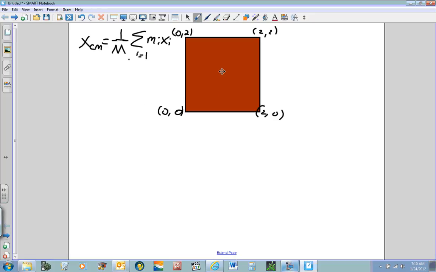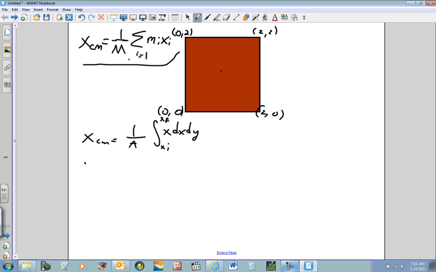We already know that right in the center is where the center of mass is going to be, but we're going to prove that with some calculus. This equation is for particles. But for solid objects, it looks like this. The x center of mass equals 1 over the area times the integration of x dx dy, going from the initial to the final x.